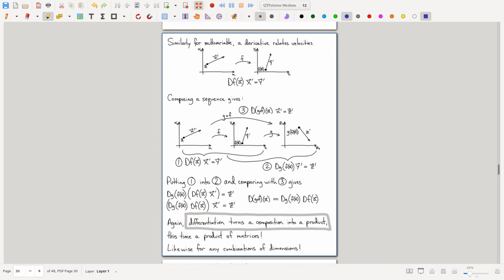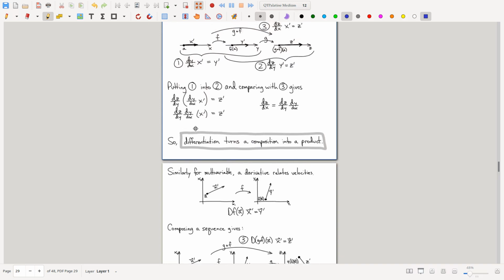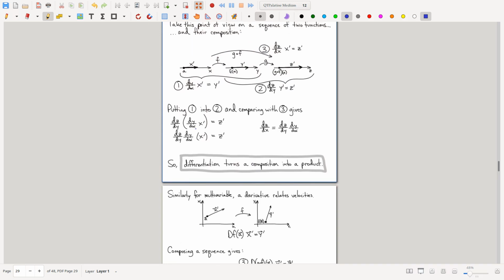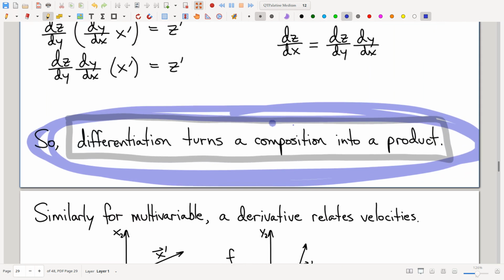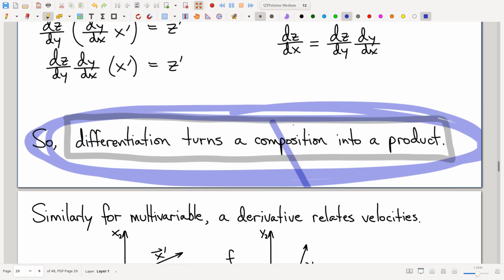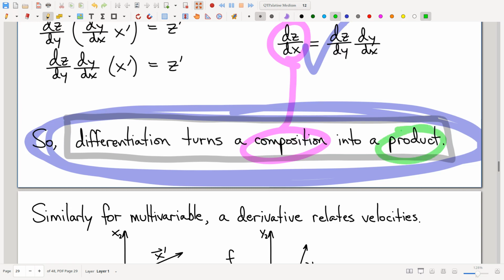And then just as a lingo point, you'll see down here for the single variable chain rule, I summarize by saying differentiation turns compositions into products. If I can get this to enlarge, there we go. Right, you can see right here, we have a derivative of a composition, and we are recognizing that it is a product of the individual derivatives.